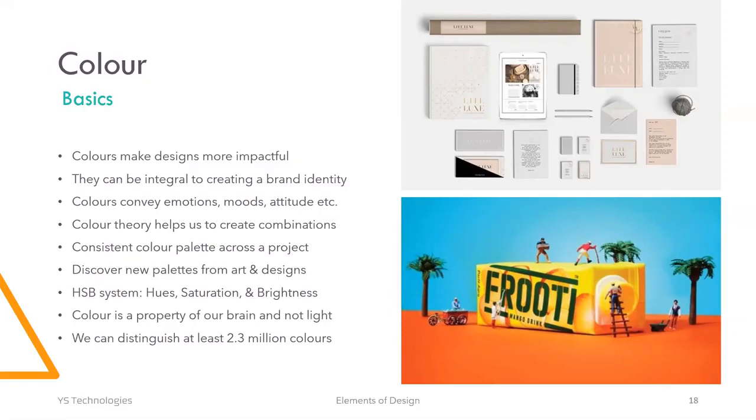But below, it's the exact opposite. We have striking colors, strong colors, which contrast with each other. And this immediately creates a sense of playfulness or boldness, which is justified in the context here.